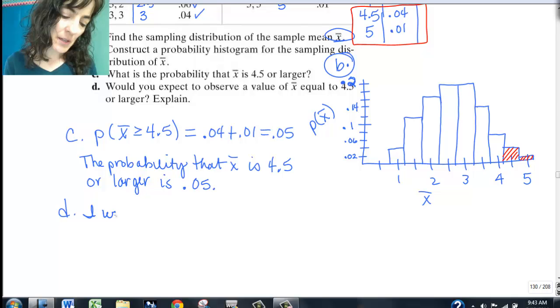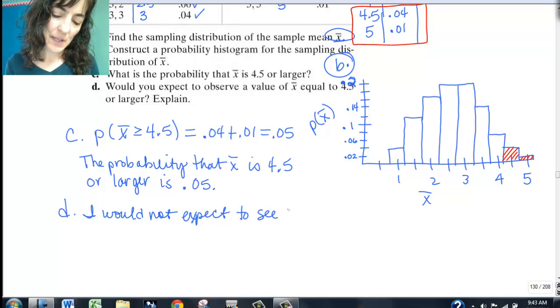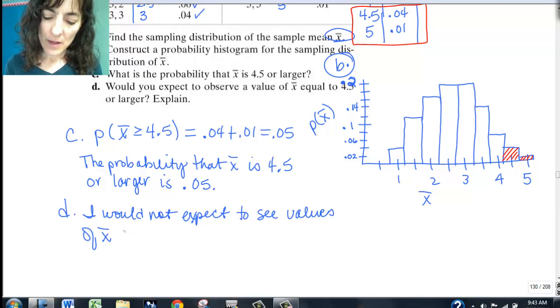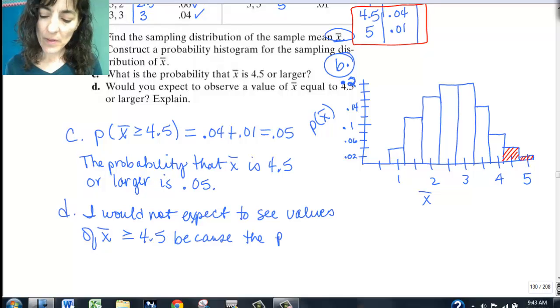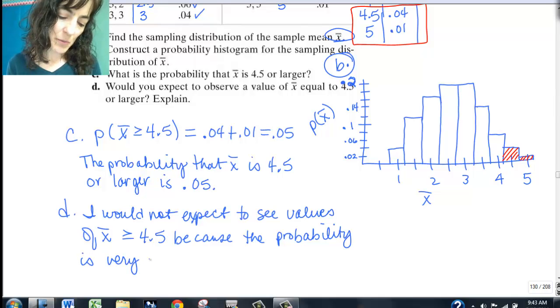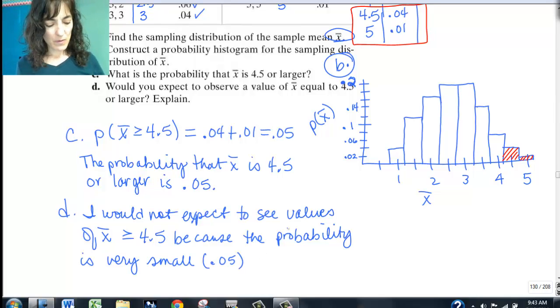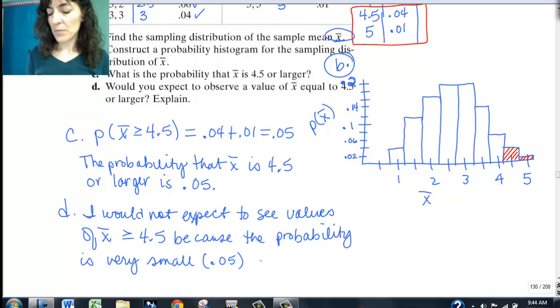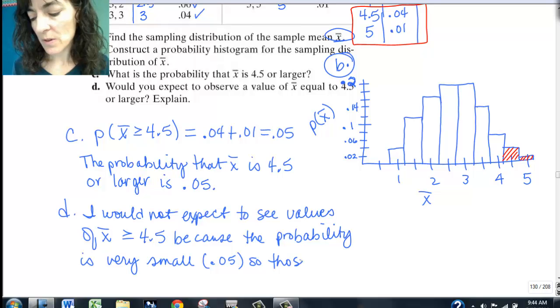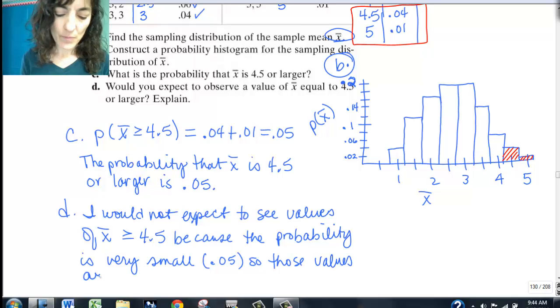So I would not expect to see values of x bar greater than or equal to 4.5 because the probability is very small, 0.05. So those values are very unlikely.